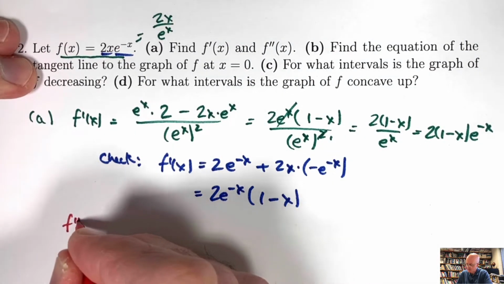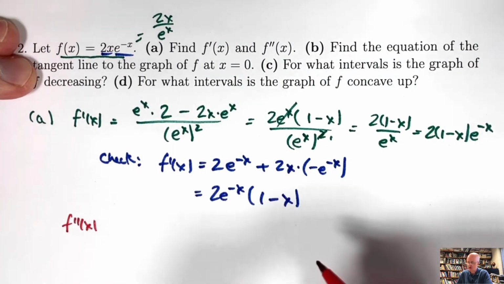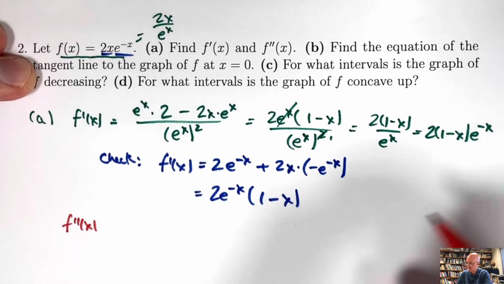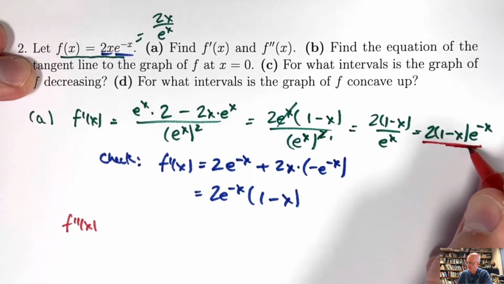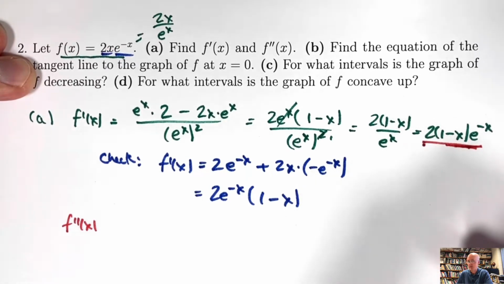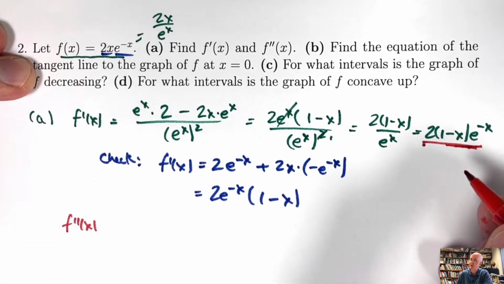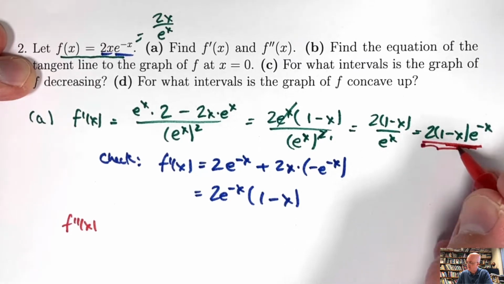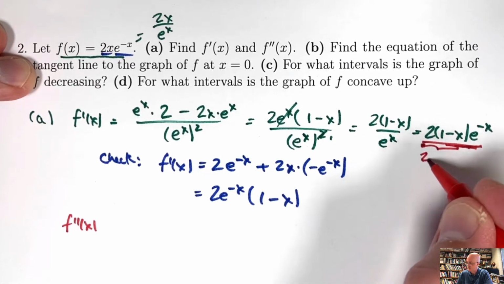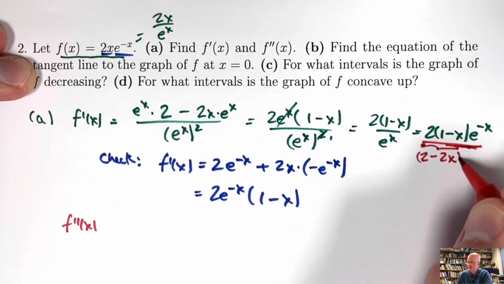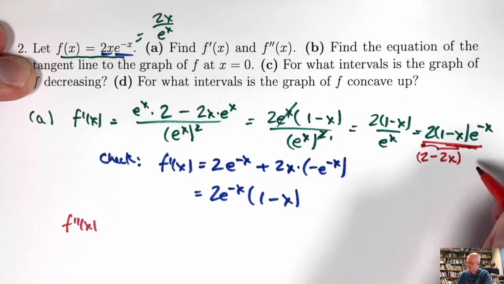And for that one, we'll use the fact, like we did with the checking, that the derivative of e to the negative x is negative e to the negative x, because now we're going to differentiate this. The second derivative of f is the first derivative of f prime. Now your first function is 2 times (1 minus x), or if you prefer, 2 minus 2x. Think of that as being the first function in parentheses.